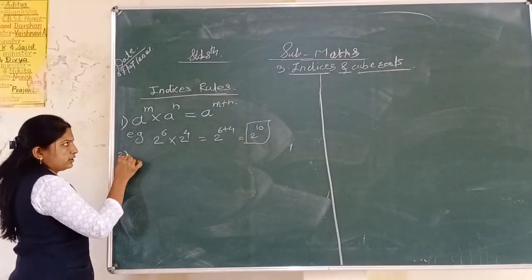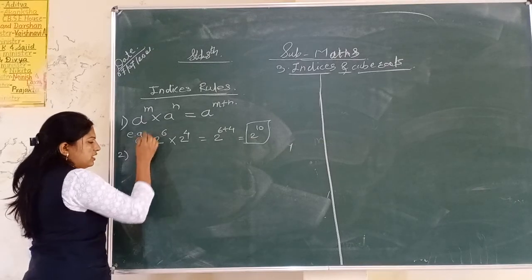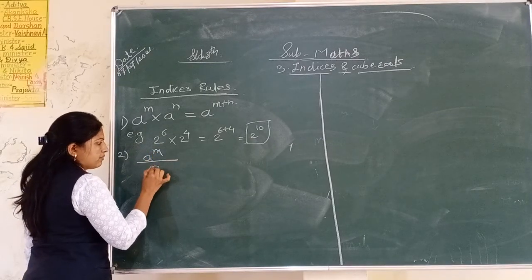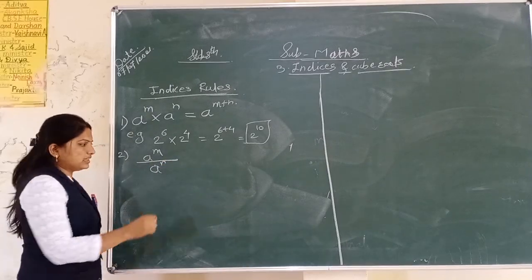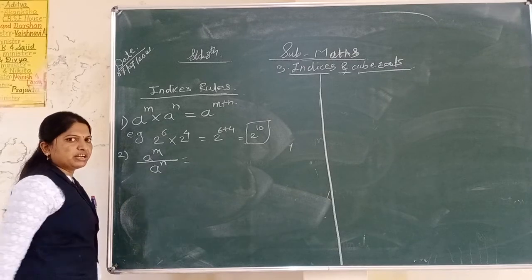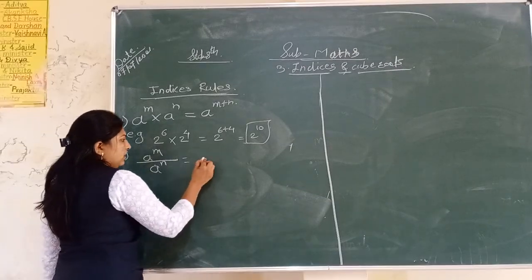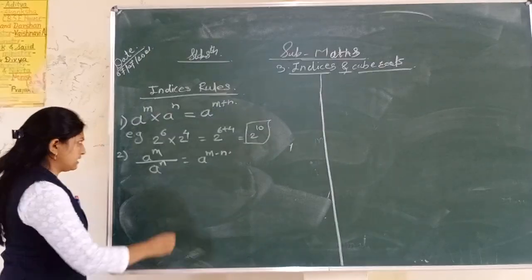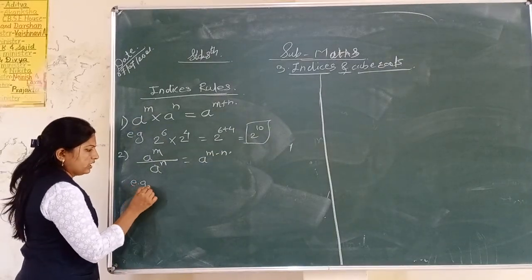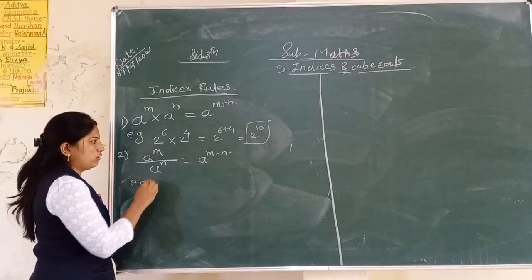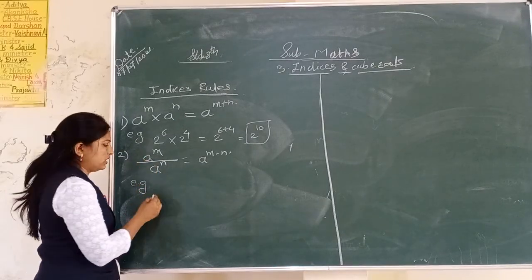Then second rule. When bases are the same but indices or powers are different and the operation is division, then subtraction of indices. It can be in the form of simple division or in the form of a fraction.